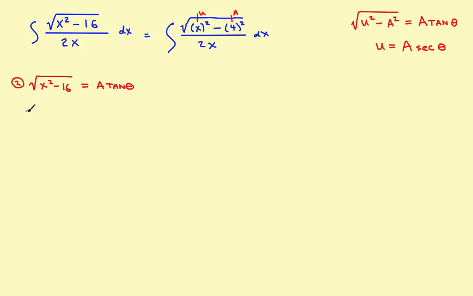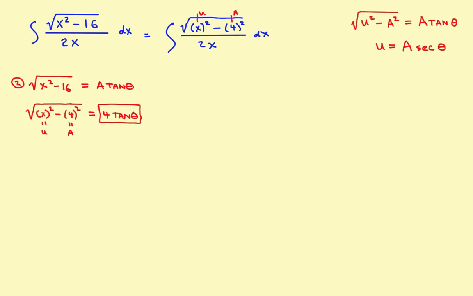Now again, we rewrote it as the square root of x quantity squared, and changed the 16 into a 4 squared. Remember, the x was equal to u, and 4 is equal to a. So the way this problem is set up, a is equal to 4 times the tangent of theta, and there is how you'll express the square root in terms of theta.